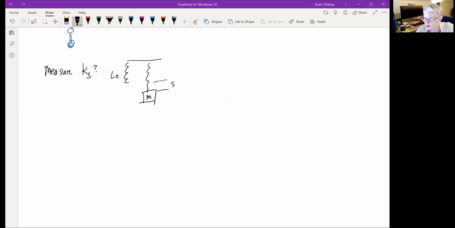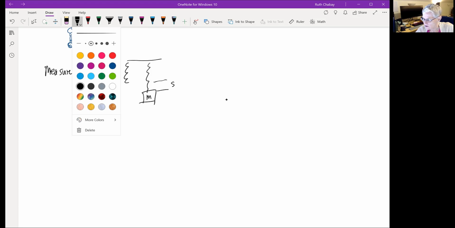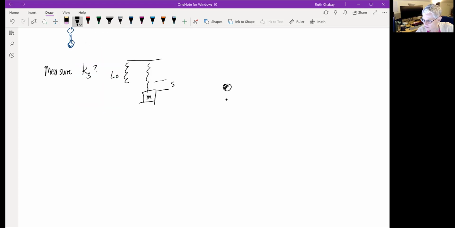In which case we can draw a diagram of the forces here. So here's our mass, M. We know that the Earth pulls down with a gravitational force in the y direction of minus M times G. If the mass is hanging motionless, the spring must be pulling up with a force of K sub S times S in the plus Y direction.